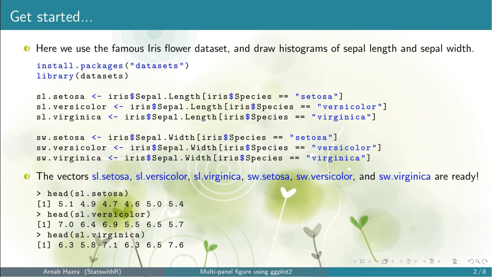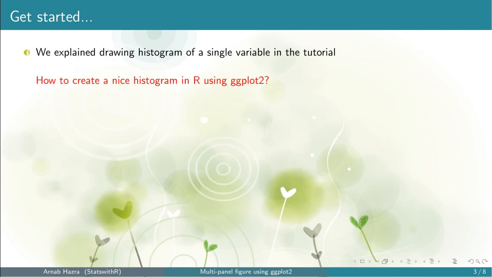Next, we look for drawing the separate histograms. We discussed drawing a single histogram in the tutorial how to create a nice histogram in R using ggplot2. For a stepwise discussion, please check that video. Here we will just briefly go through the steps for sepal length of Setosa.